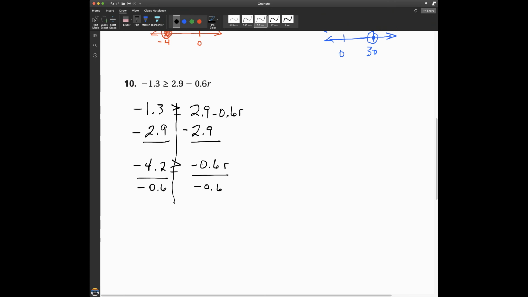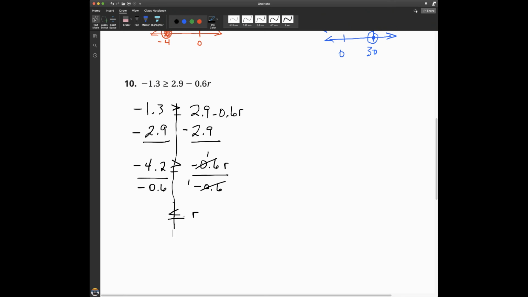Okay, so on the right-hand side, notice we cancel out the negative 0.6, so I just have r. I am dividing by a negative number, so I need to change the direction of the inequality sign. So r, now the alligator is going to be eating the r.